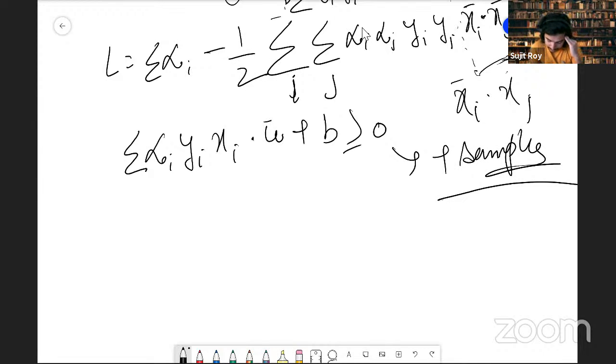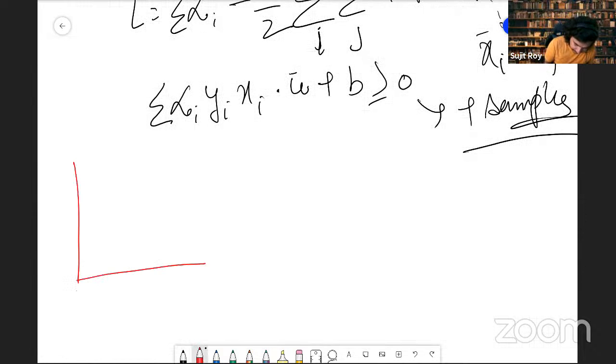In order for it to work with a space which is not completely linear, let's say you have two samples of the same class here, and two of another class here. Obviously it is not possible to separate this linearly, so we might need something.